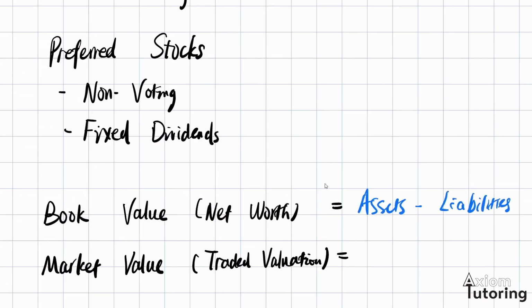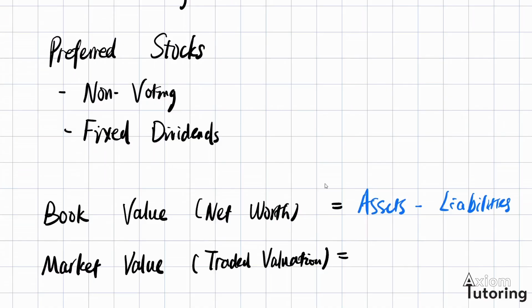We will see these items on the balance sheet of the firm. They represent a specific timestamp of the company: at a specific point in time, how much is this company worth on its books, on its balance sheet, and that's the book value.